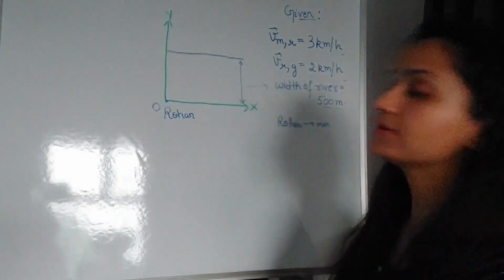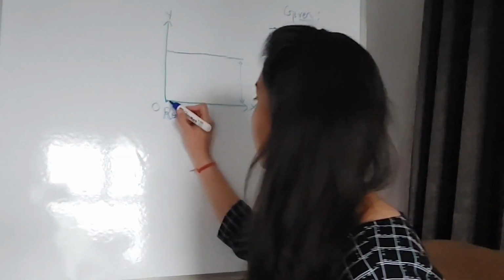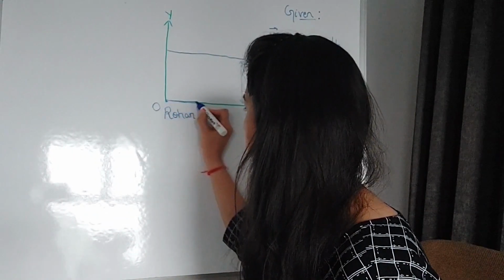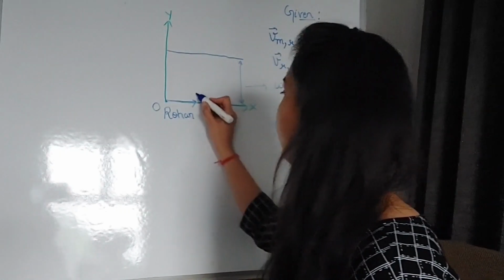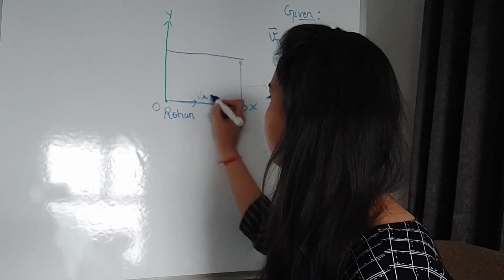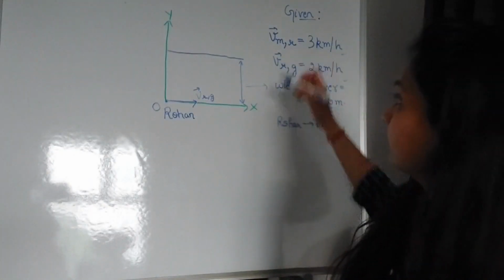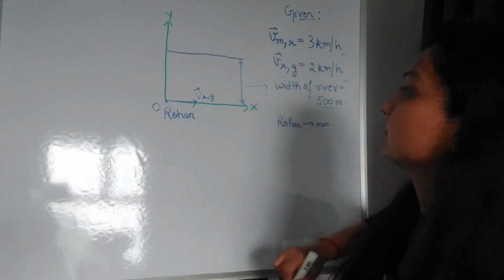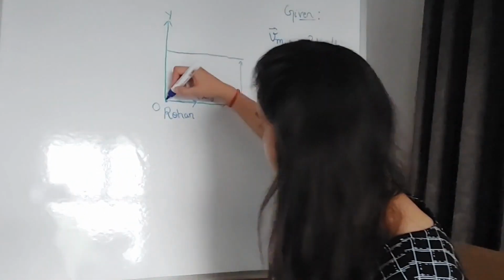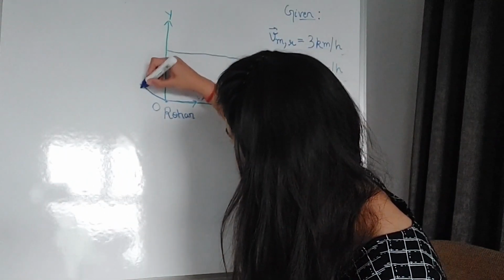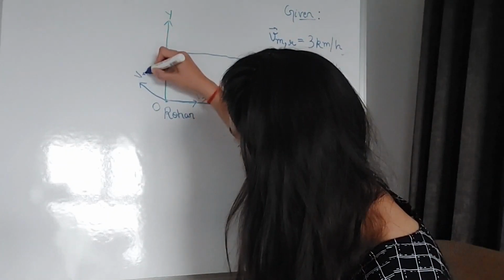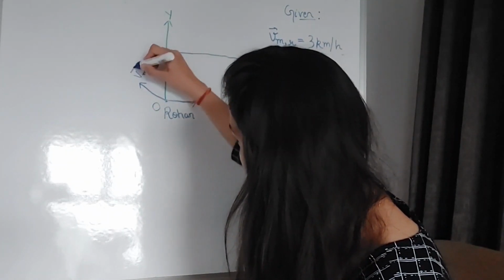So I know the velocity of river with respect to ground, so I'll draw this velocity here. This is the velocity of river with respect to ground, and this is the velocity of man with respect to river.